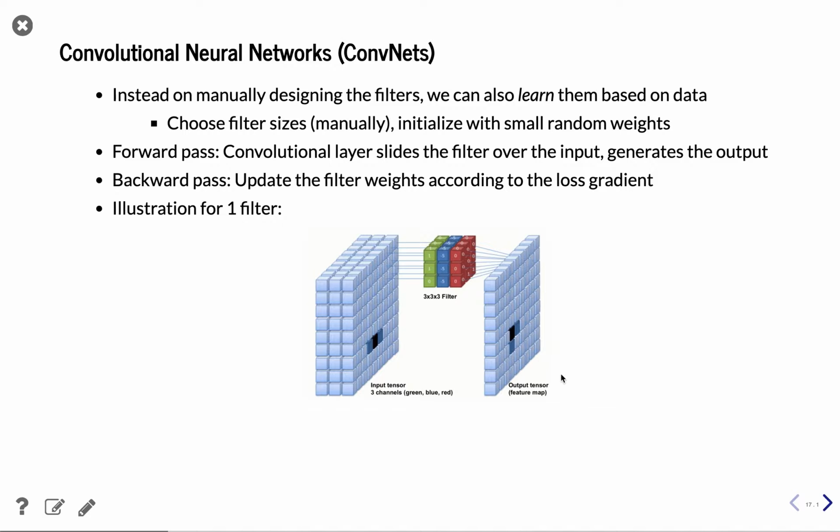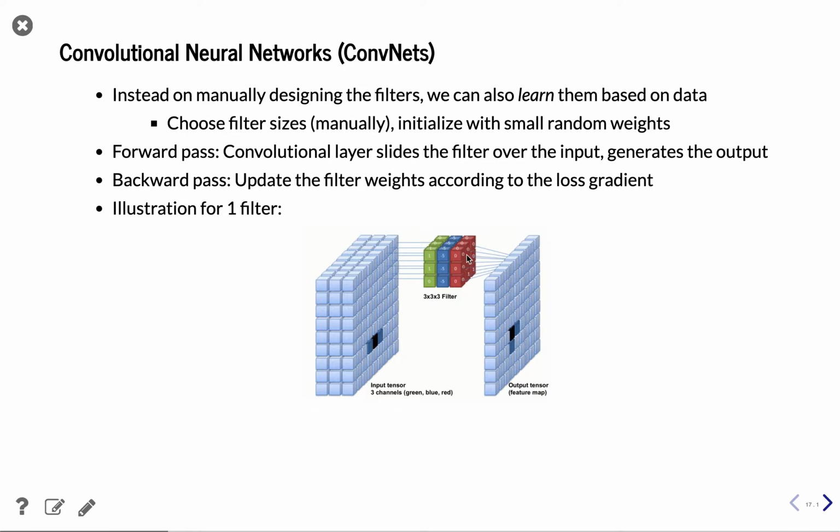Typically, we then have a dense layer, and then we have our output layer. And then after we did a forward pass, and we have our classification, we compute the loss, we backpropagate the error, and we use the gradient to update these weights. Right? So again, if it would be better that this filter responds more strongly with this image, then we will increase the values of these filters here.